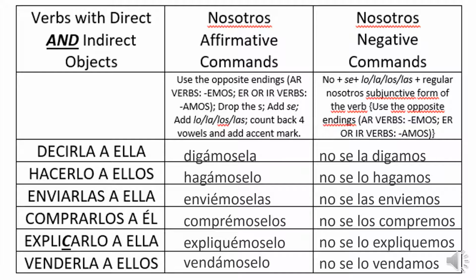So, you can see how we are using affirmative and negative commands, especially when these are compound forms where we add a direct or an indirect or a direct and indirect object into the verb, and it all becomes one long word. So please make sure you finish these up.